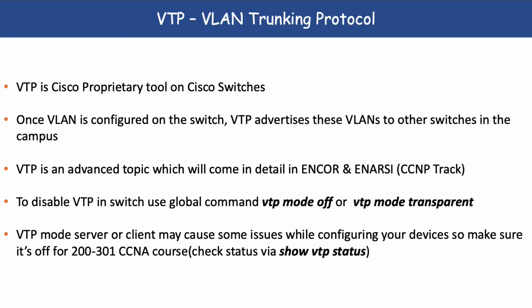Now for purposes of CCNA, this is an advanced topic and this is going to be discussed more in the CCNP track. For your labs, what you can do is in global configuration mode, you can do a VTP mode off or VTP mode transparent to shut VTP. But all you need to know right now is that VTP is a Cisco proprietary tool, and if you configure a VLAN in one switch, it gets configured in another switch as well.